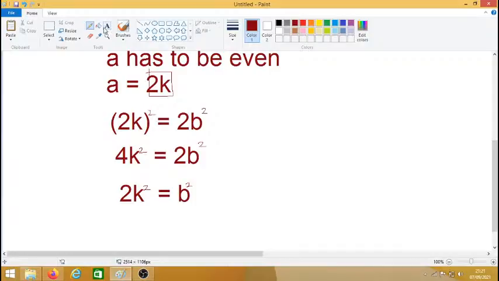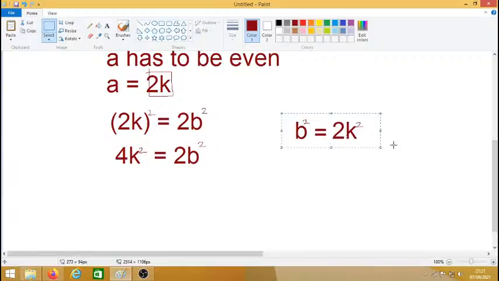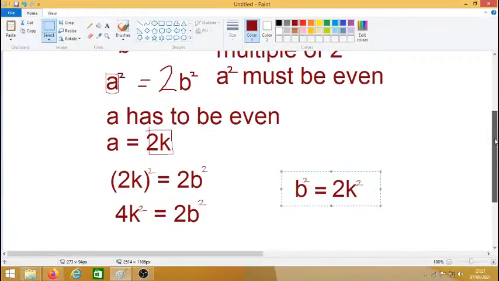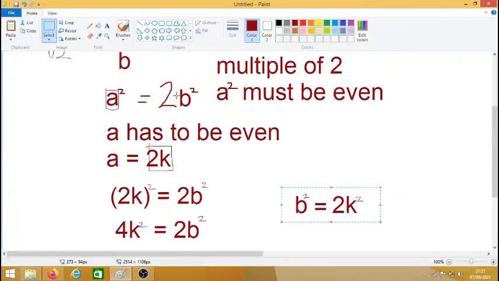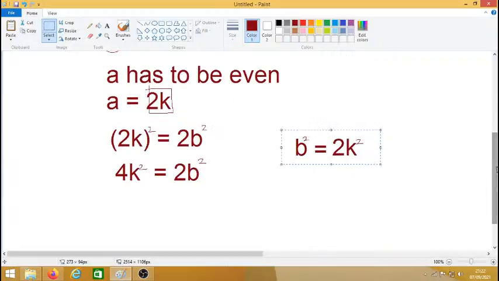Let's swap the sides around, so I've got the b squared on the left. Before, I said that a squared was even, because it's a multiple of 2. Well, I can say the same thing about b squared. It's a multiple of 2. So that means b squared is even.